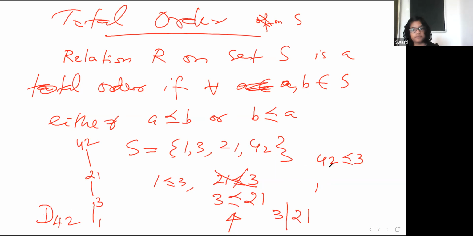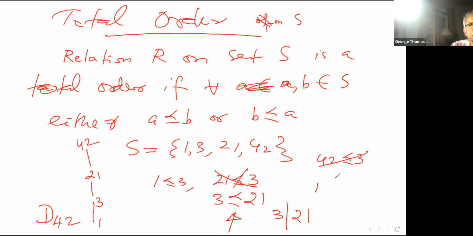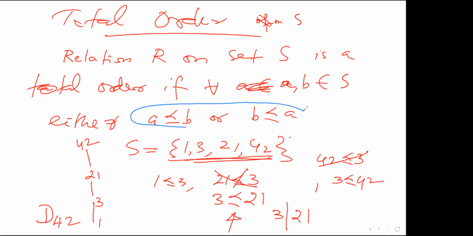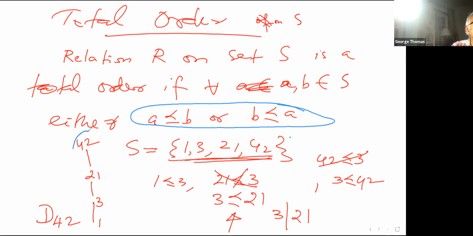No. But what can you say? 3 is less than or equal to 42. So if you take any two elements here, is this condition satisfied? Yes. So that is why this is a total order.